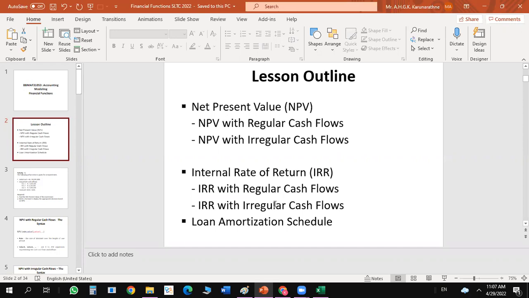What is considered as scientific and strong methods is the discounted cash flow methods.